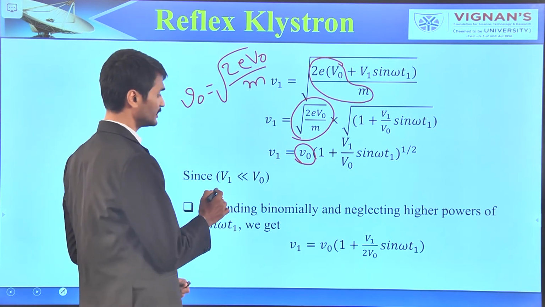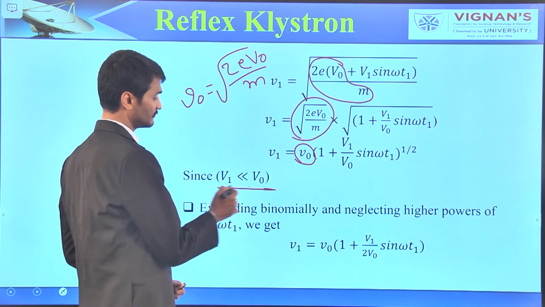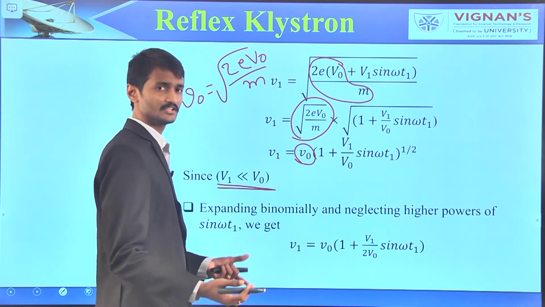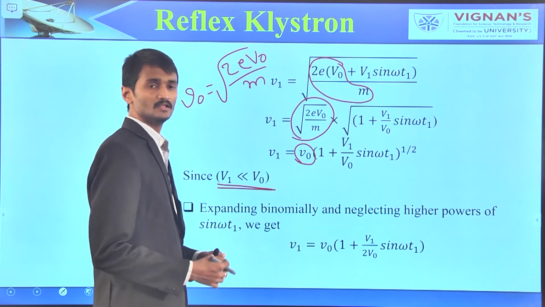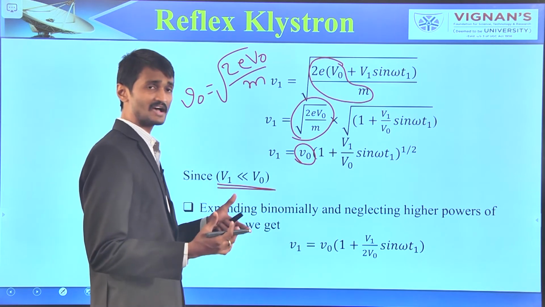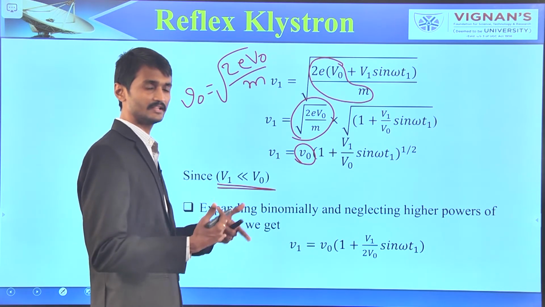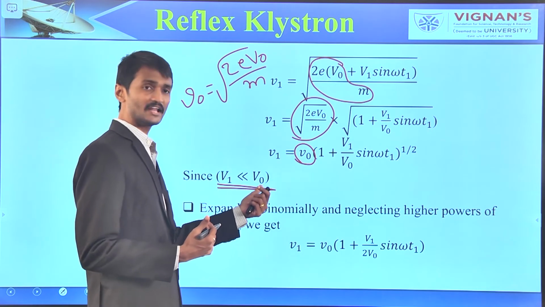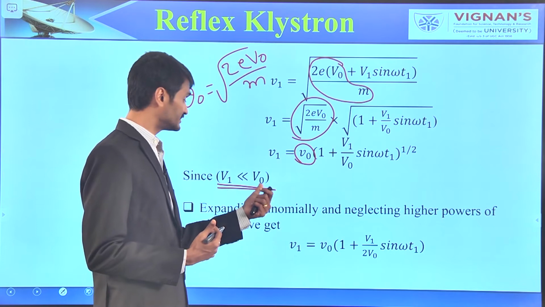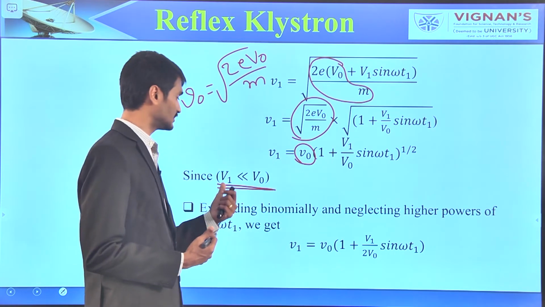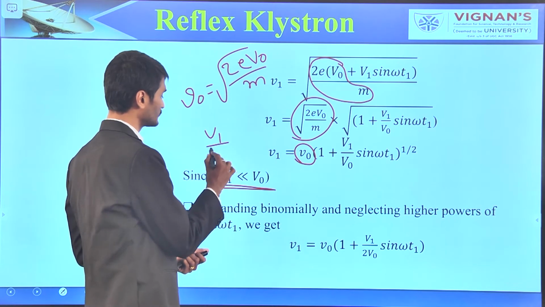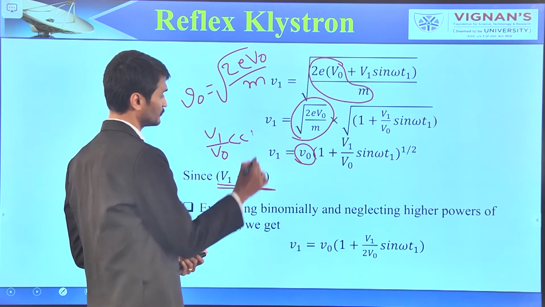Since V1 is far less than V0. What is V0? That is the applied DC voltage. What is V1? The voltage due to the RF signal, which is internally generated in the cavity. If you compare the applied DC voltage and the generated RF signal, this is a very small value, so V1 by V0 is far less than 1.